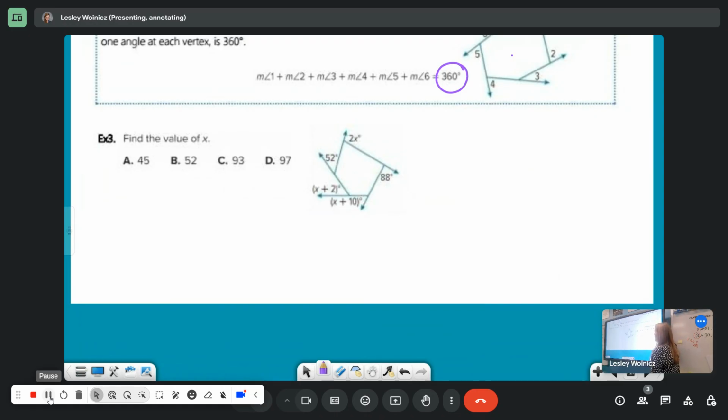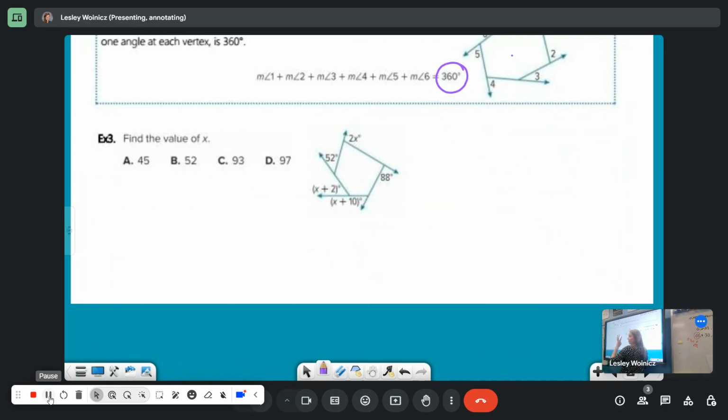How many exterior angles do I have? 1, 2, 3, 4, 5. So all 5 of those have to add up to what? 360, so I can make a cute little equation. We can even combine like terms here. I have 2x here, an x, and another x.